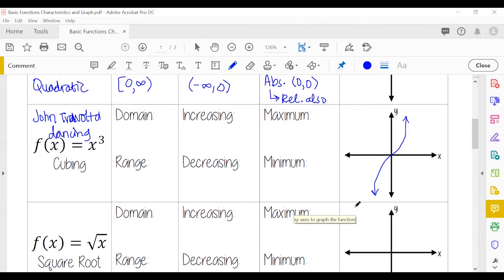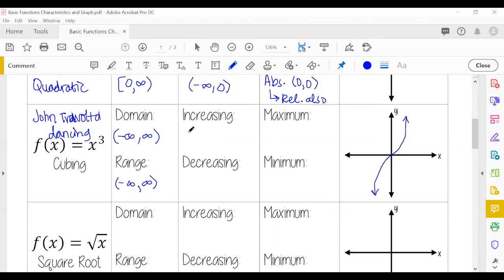But this is what the graph of our cubing function looks like. Again, you're always welcome to plot points if you're not 100% sure what this looks like originally, but we want to get to a point where we memorize this. The domain is still the set of all real numbers, and we actually return to the same for our range. If you notice, all y values are used and all x values are used.